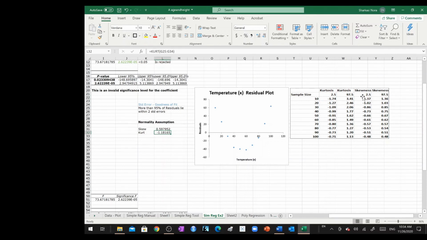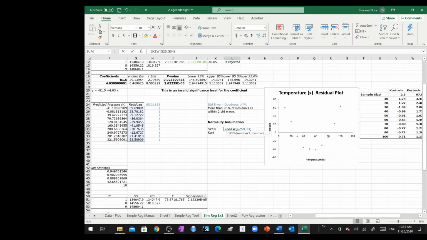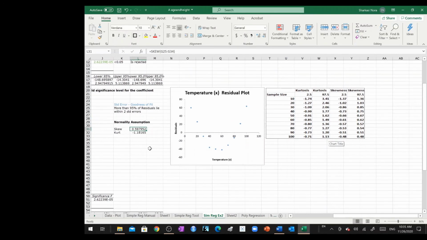These are the kurtosis and skewness ranges for normally distributed samples. So basically, when your kurtosis value and your skewness value lie within this range, this is considered to be normally distributed residuals. So you take the skewness and the kurtosis of the residuals and look them up over here.